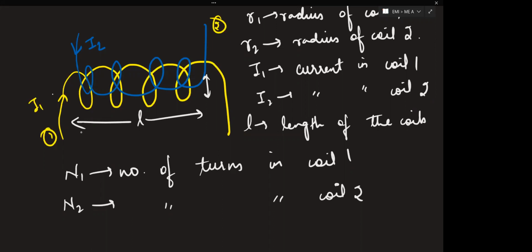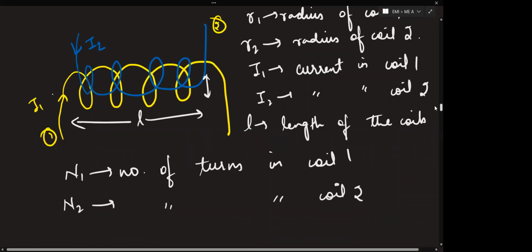Do you remember, in self-induction also we did, what was the formula of the magnetic field of a long solenoid? Mu naught Ni, yes, that's right. Where n is the number of turns per unit length.